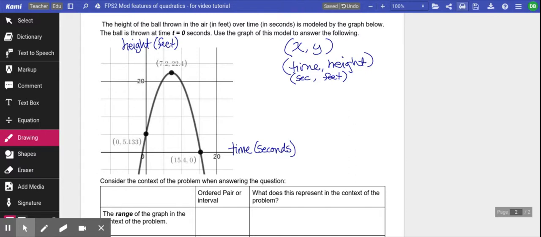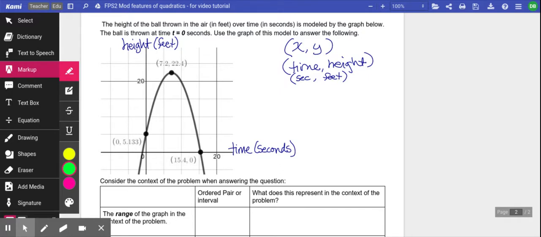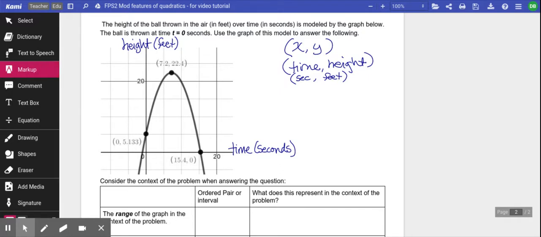When you're looking at this graph, you will see the shape of an entire parabola. But because our problem is in context, we really need to look specifically at what domain and what range represent in the context of our problem. So because we are looking at throwing a ball, the ball is going to start being thrown at 0 seconds.